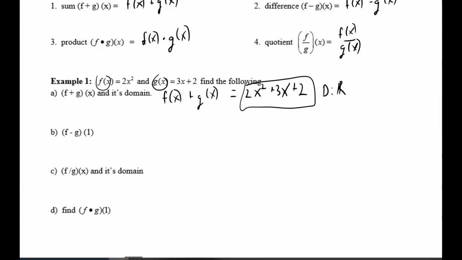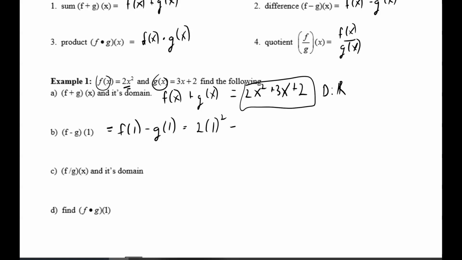Okay, f minus g of 1. There's a couple ways you can do this, but I'm just going to do f of 1 minus g of 1. Well, f of 1 is going to be 2 times 1 squared. That's just plugging 1 into that. g of 1, we're subtracting that.